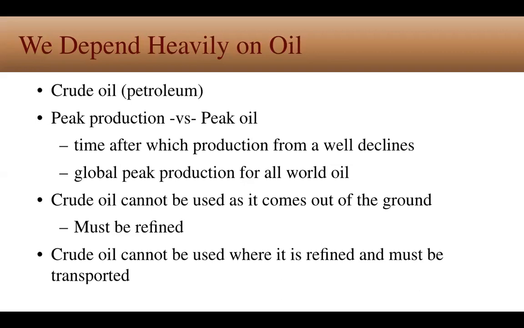Peak oil can be described as the moment that our production or extraction of oil has decreased, right? So it's turned the corner and it's starting to go back down. And we've been able to put off peak oil because we've started extracting this oil from other places.